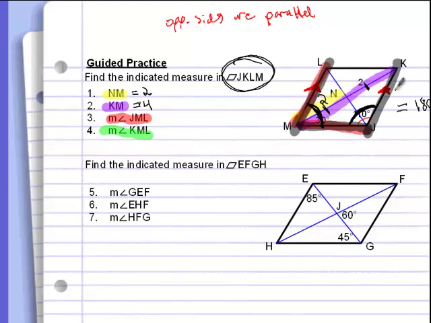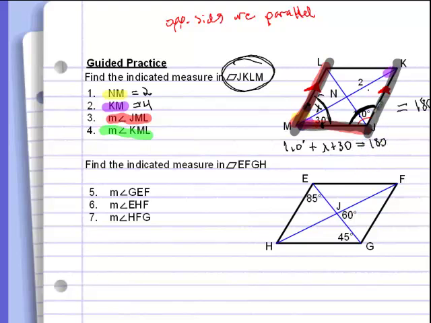So what I can do to solve this is take this part, which I can call x, and this part, which is 110. If this angle is 110, and I know that this part is made up of x and 30, I can say x plus 30, and all of it should equal 180.